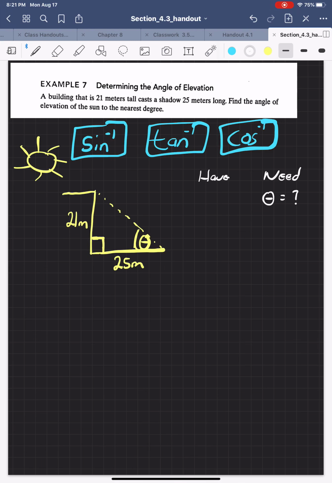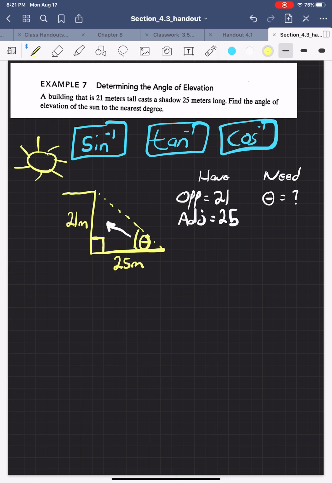Well, we definitely don't have the hypotenuse. But we do have the opposite. The opposite to here is 21. And we do have the adjacent. So adjacent to that angle is 25. All right. Well, it looks like tangent's going to win out again.